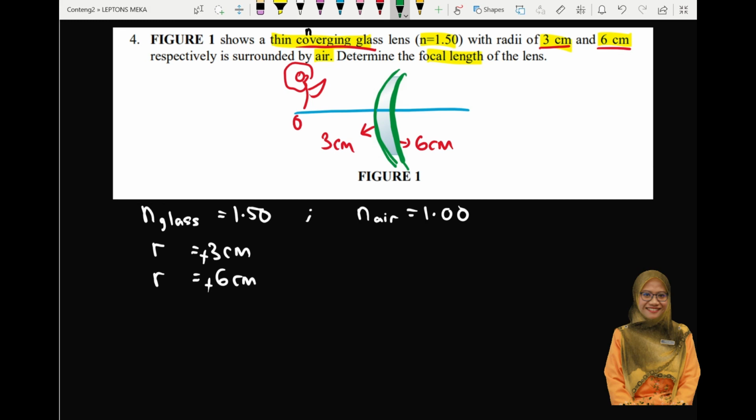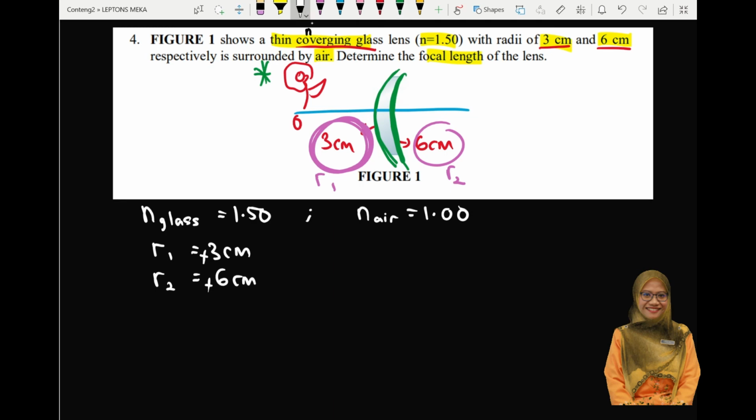Next, 3 cm become R1 and 6 cm become R2. Kenapa? Sebab kita refer to the object, because object you facing 3 cm. So bila dia facing at this side, maksudnya inilah you punya R1, and this one is our R2. Actually everything depends on object. Object you nak letak dekat mana.